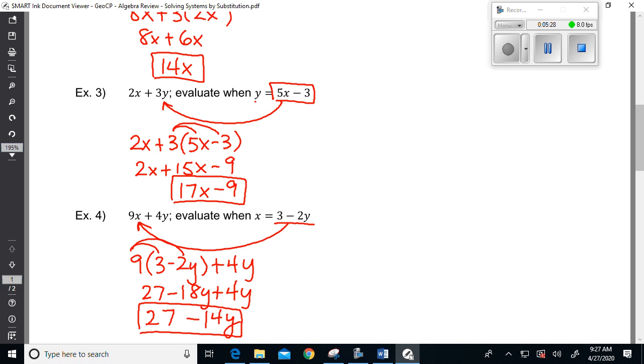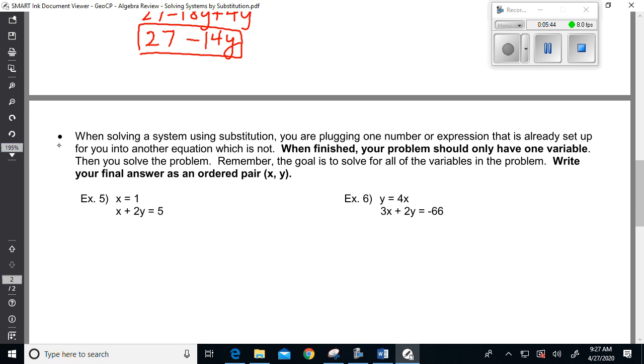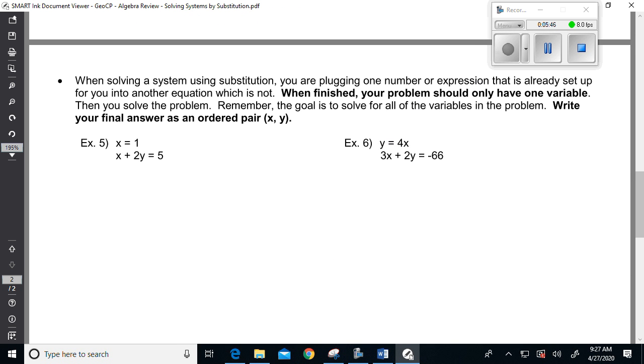So now when we solve a system of equations by substitution, we're literally doing just this. Taking a number or an expression, substituting it in, and then solving out the rest of the problem. So let's transition to that. When solving a system using substitution, you are plugging one number or expression that is already set up for you into another equation which is not.